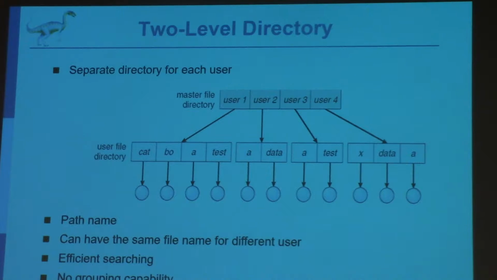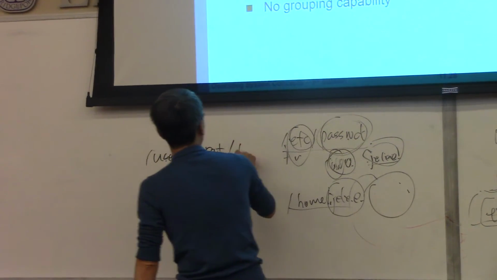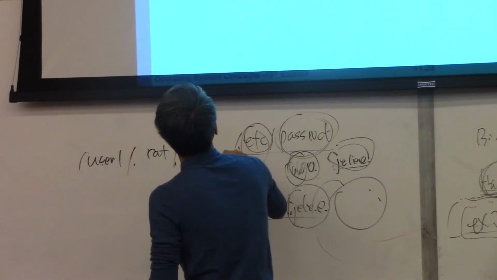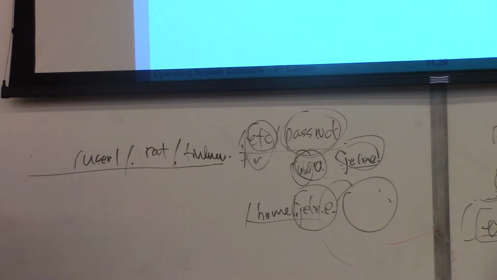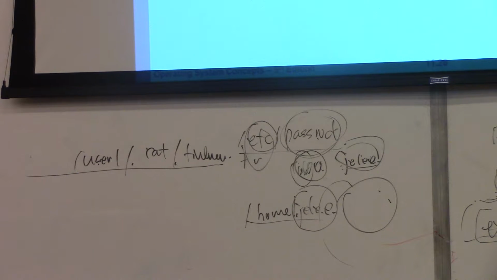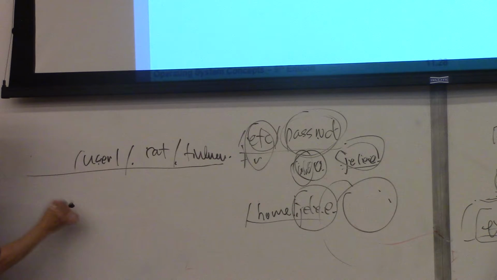So we can specify the name, that means user one, then cat, and then the file name. Okay, so this is called the task. So that is the reason when you start to learn the operating system, like shell programming, you start from the single. This is a special directory.